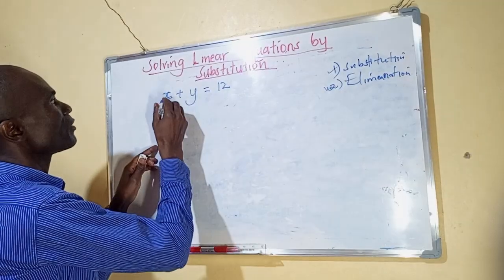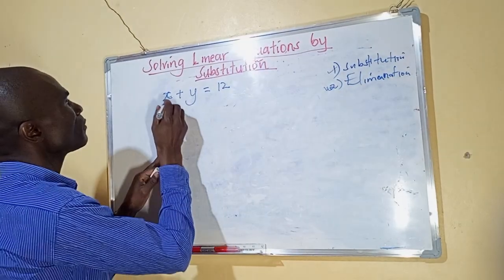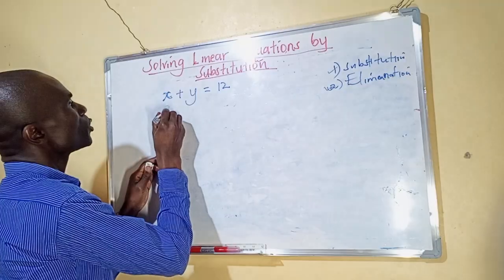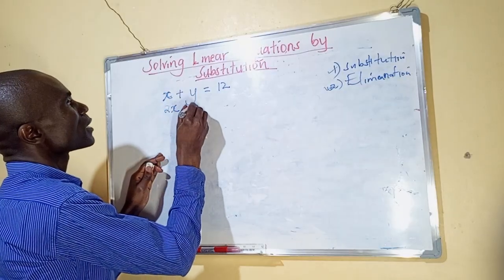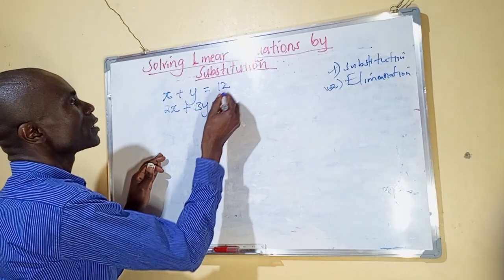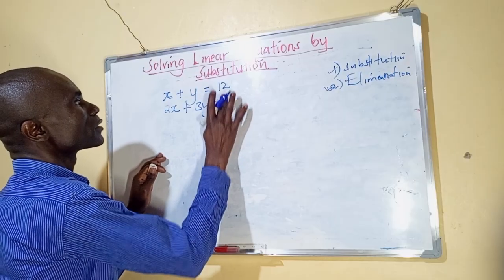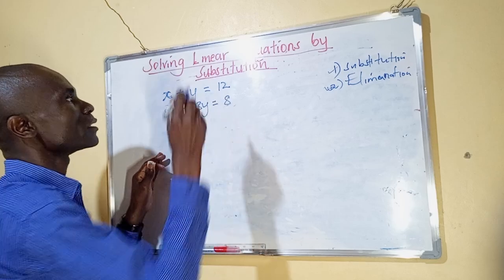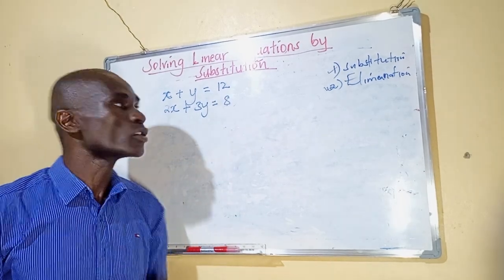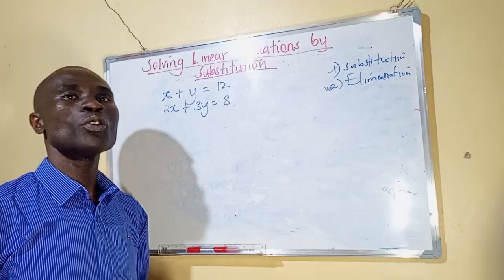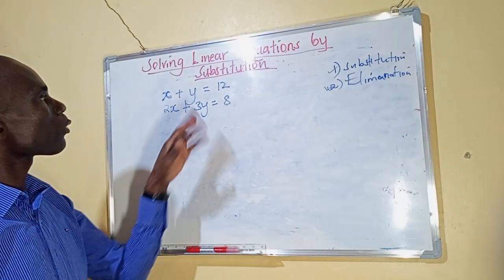So we have x plus y gives us 12. Then we have, let's say, 2x plus 3y gives us, let's say, 8. So we want to see, how do you go about this?